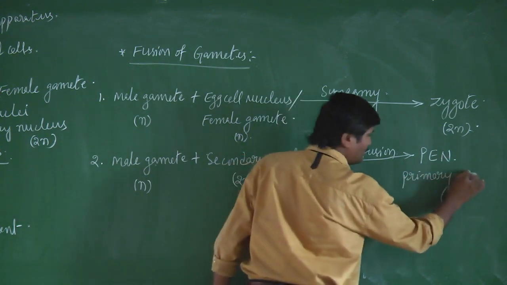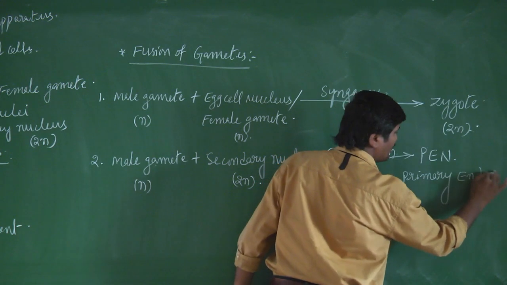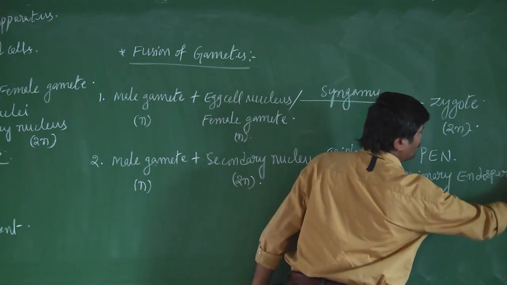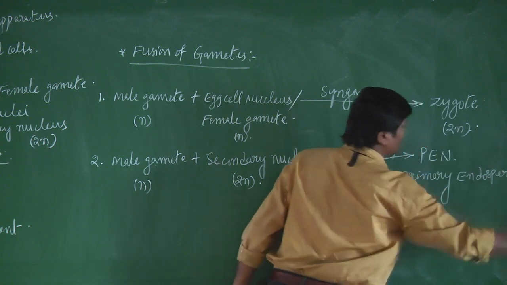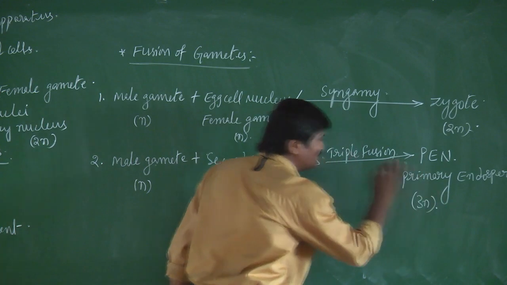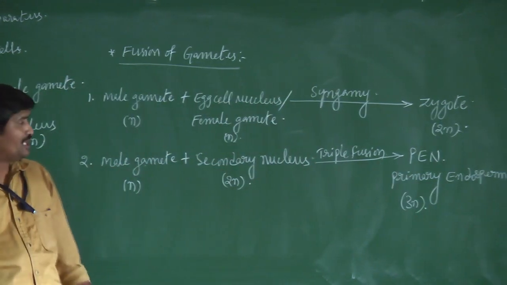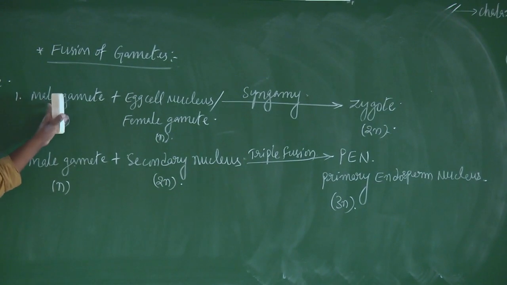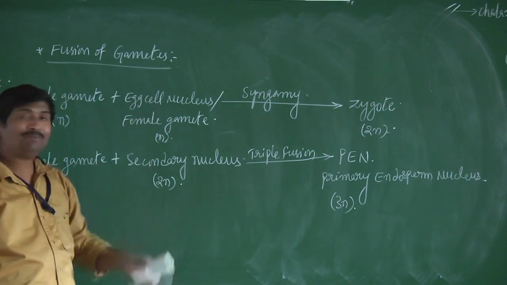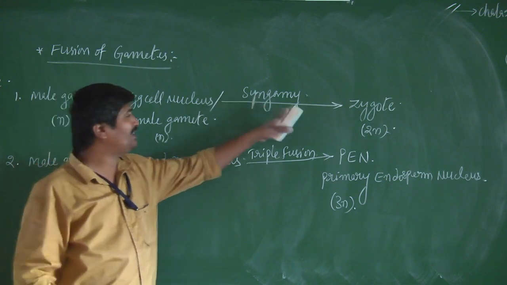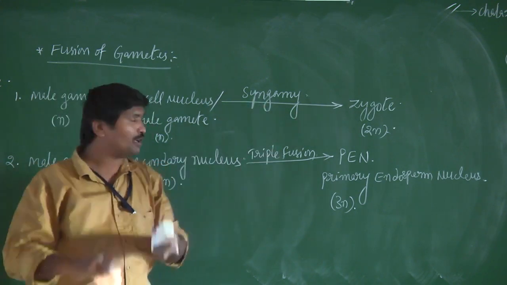The primary endosperm nucleus. It is a triploid condition, 3n. So this is the first one: the male gamete fusing with the female gamete is known as syngamy. As a result of syngamy, a diploid zygote is developed.